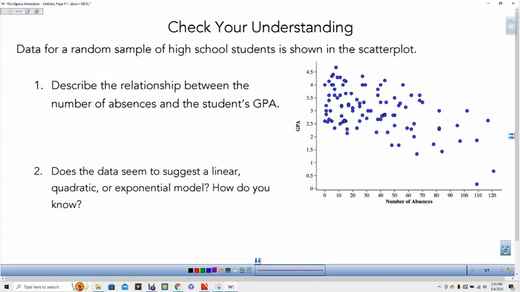So there's going to be some that are smarter with 40 absences. There are going to be some that are not smarter with 40 absences. So the GPA is going to range. But what you're looking for is a general form of what's happening. And if you do that, you can kind of see that they're all going in that big column of information.